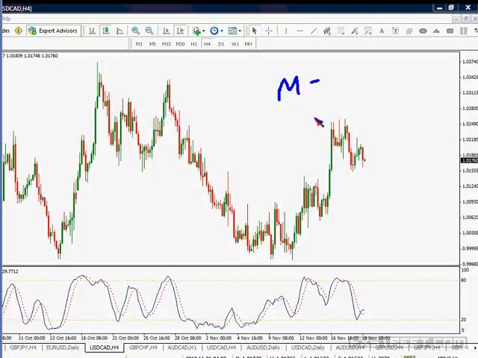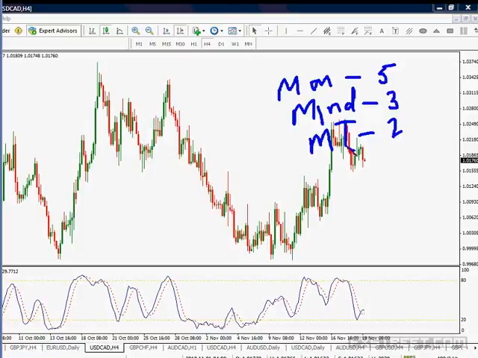Then comes your mind factor, which will constitute about 3 parts. The last one is the method, which is your technical analysis, your TA, which constitutes about 2 parts. So what you are really looking at is that technical analysis is the least important part of a trading plan.